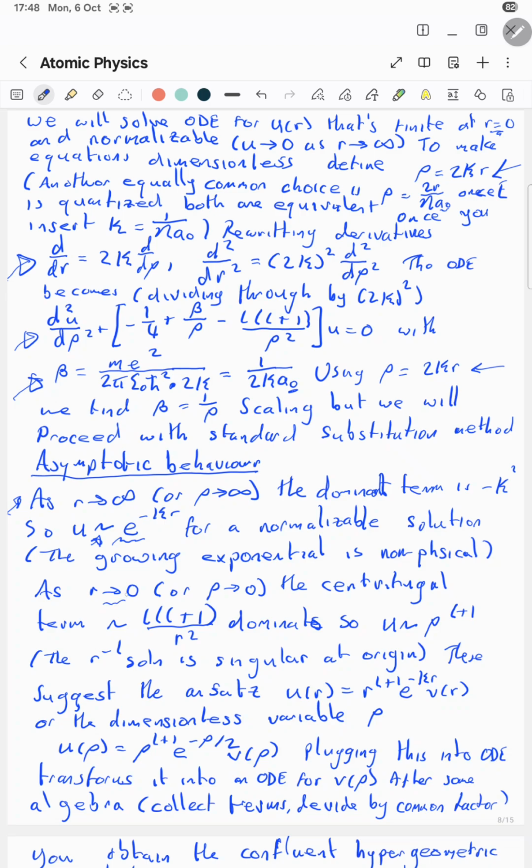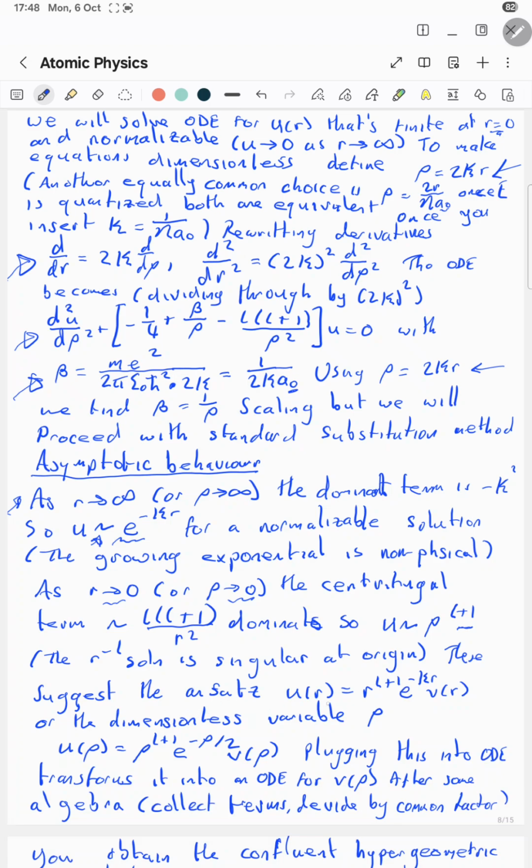As r goes to 0, or rho goes to 0, the centrifugal term, L times L plus 1 over r squared, dominates, so u goes like rho to the L plus 1. The r to the minus L solution is singular at the origin.